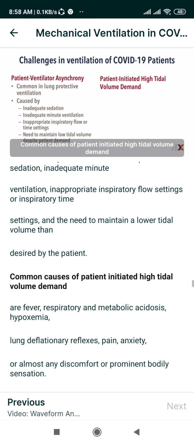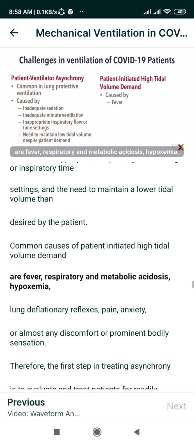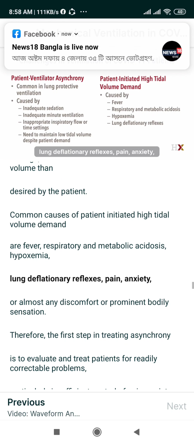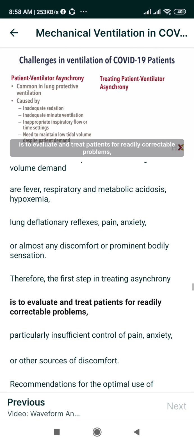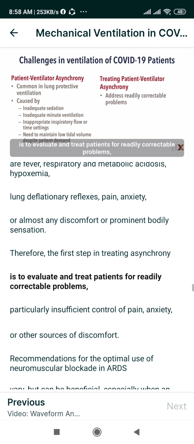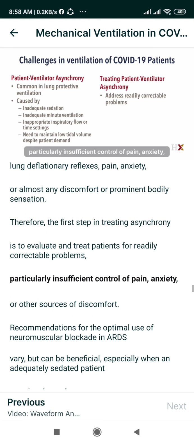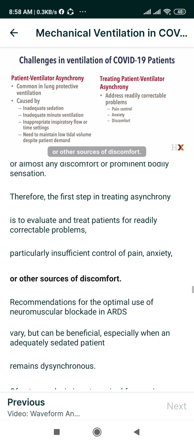Common causes of patient-initiated high tidal volume demand are fever, respiratory and metabolic acidosis, hypoxemia, lung deflationary reflexes, pain, anxiety, or almost any discomfort or prominent bodily sensation. Therefore, the first step in treating asynchrony is to evaluate and treat patients for readily correctable problems, particularly insufficient control of pain, anxiety, or other sources of discomfort.